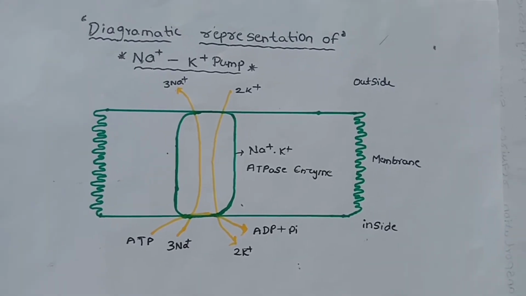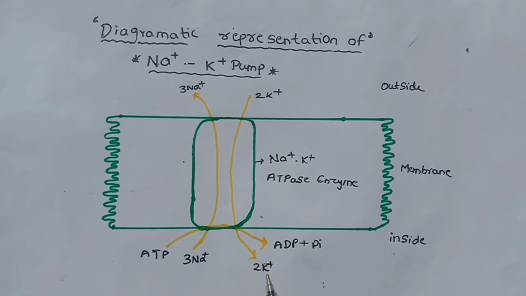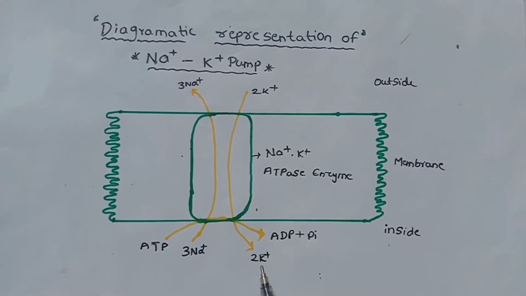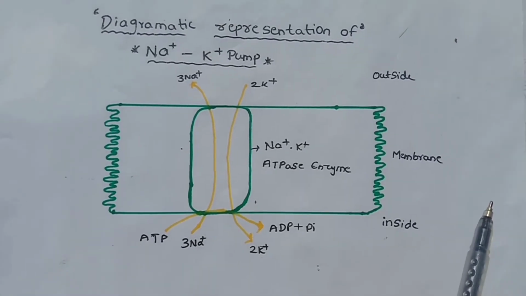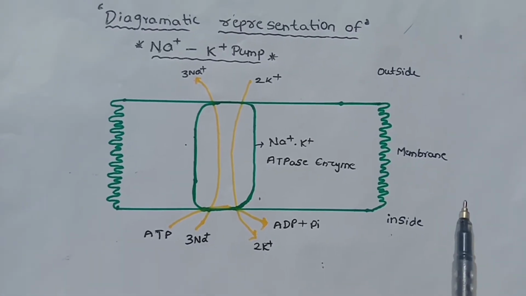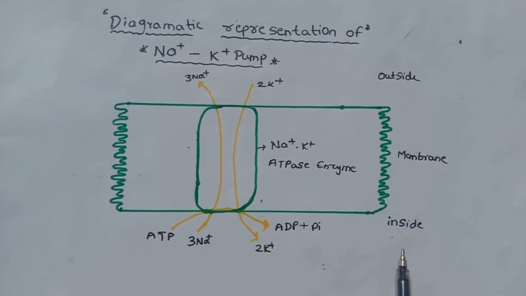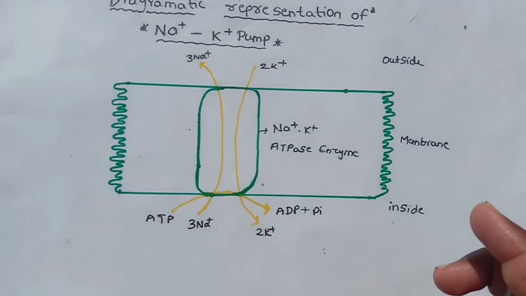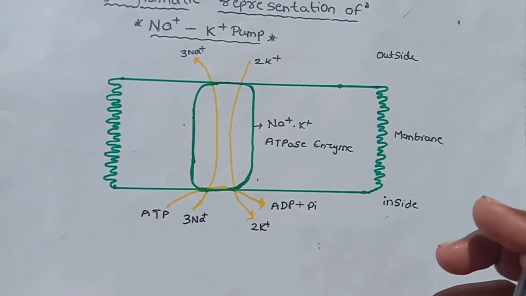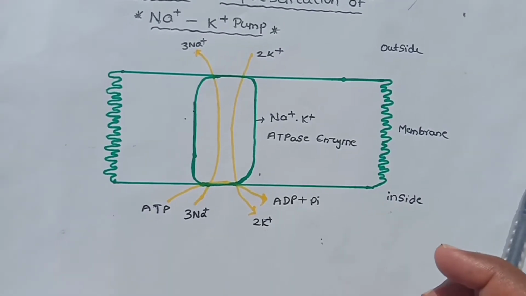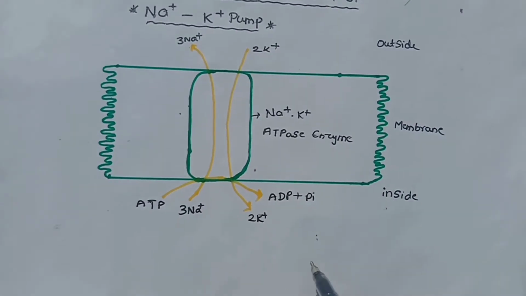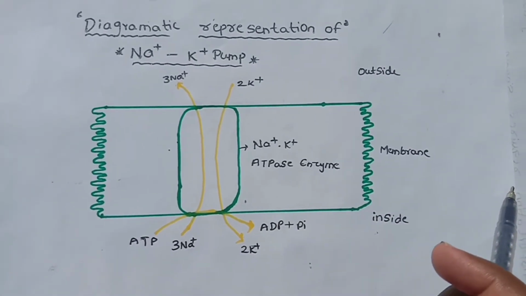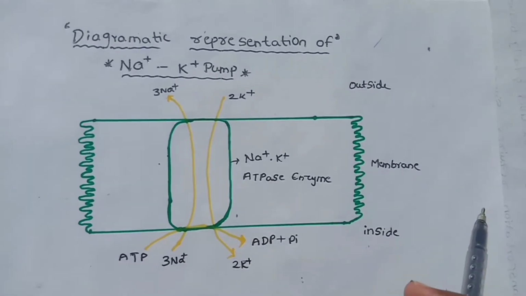This is essential for the survival of the cells. Why is it essential? High cellular potassium is required for optimal glycolysis and for protein biosynthesis.